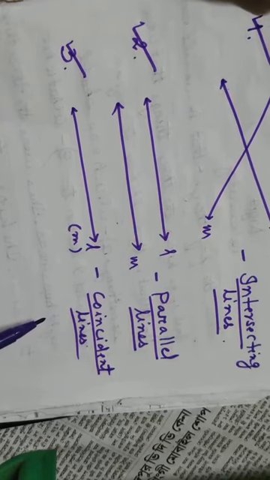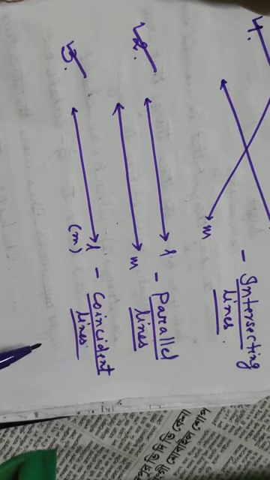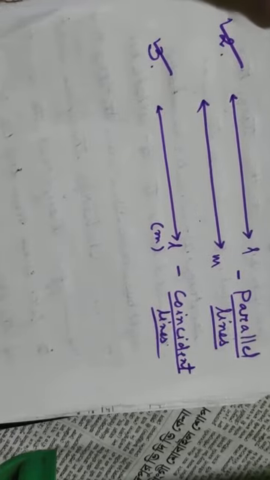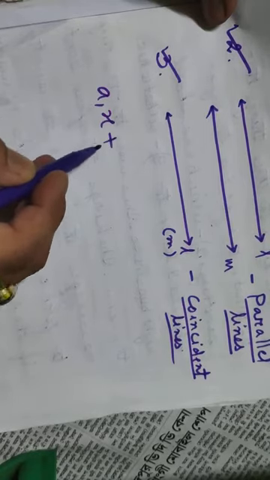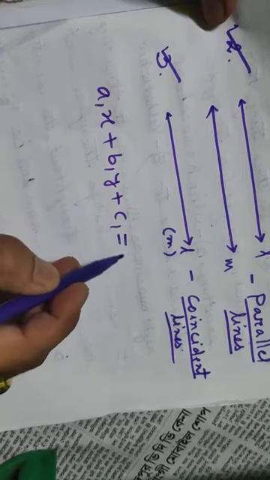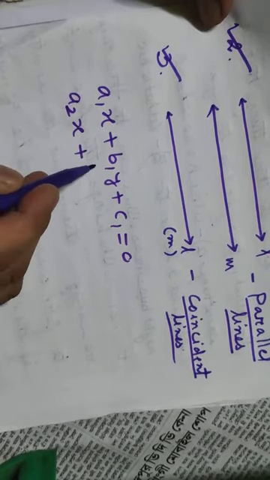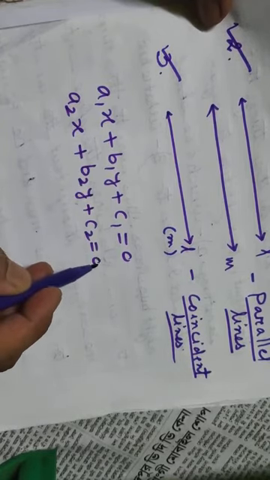Now, in the graphical method, how can we draw these lines when the equations are given to us? So we have to continue. What is the general equation? The general form of the equations of two lines is a1x plus b1y plus c1 equal to 0, this is the first one, and the second one is a2x plus b2y plus c2 is equal to 0.